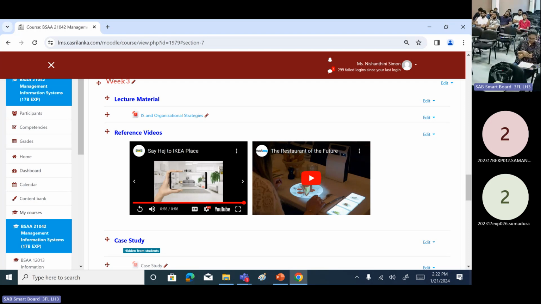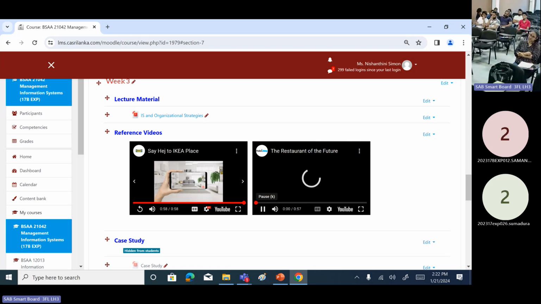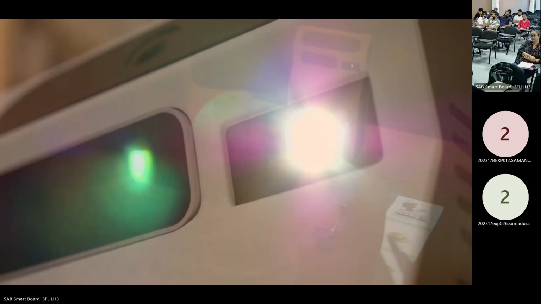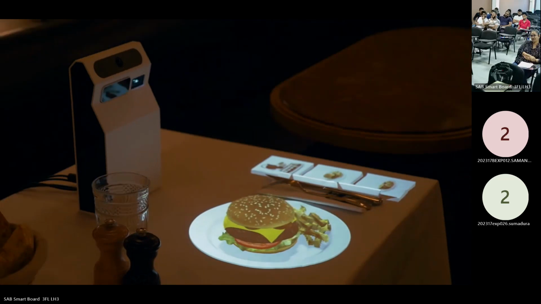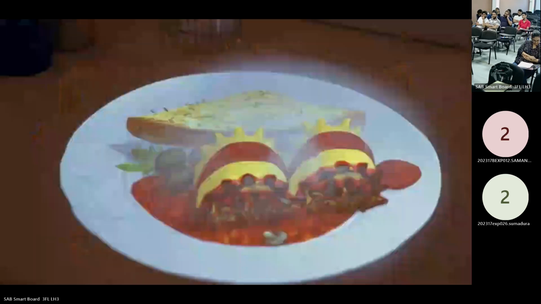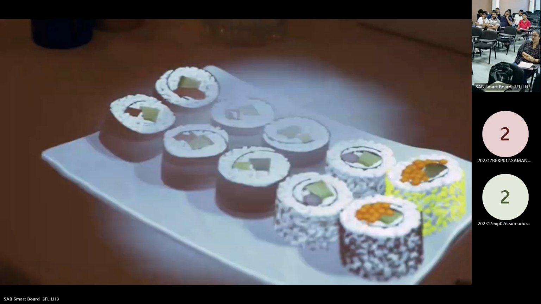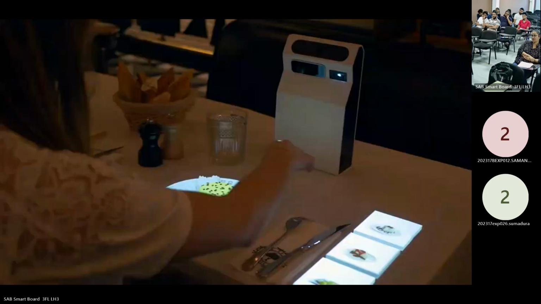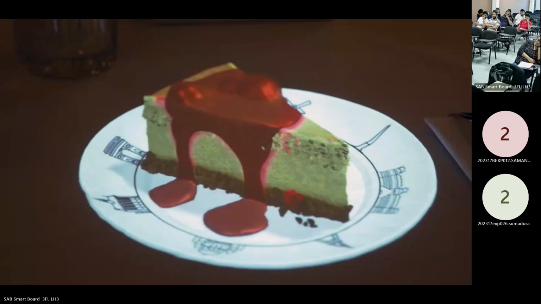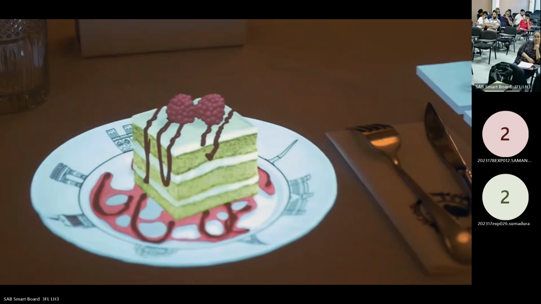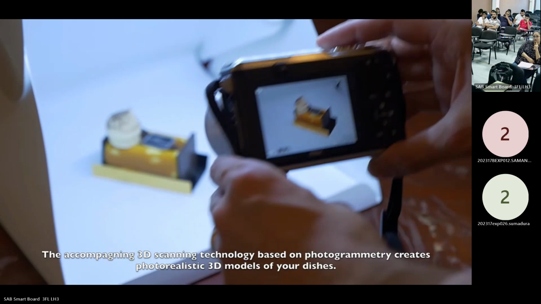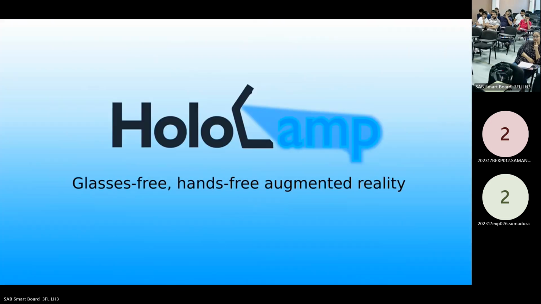Yes, another augmented reality related video is also there. Here we can see a restaurant using it. So here also, what's happening?